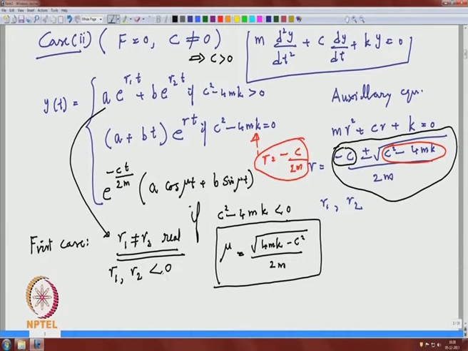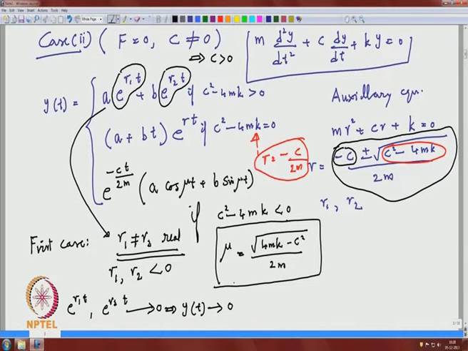When R1 and R2 are negative, look at the terms e power R1t and e power R2t. They go to 0, so yt tends to 0. So, you have no problem.